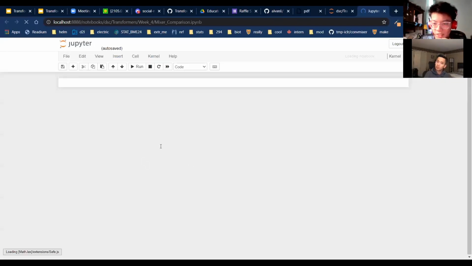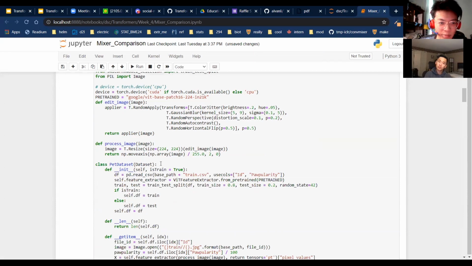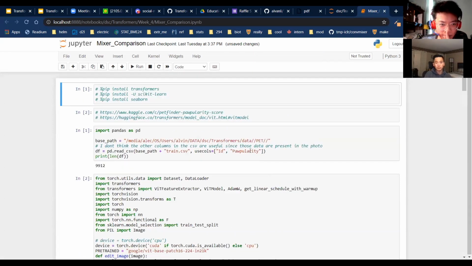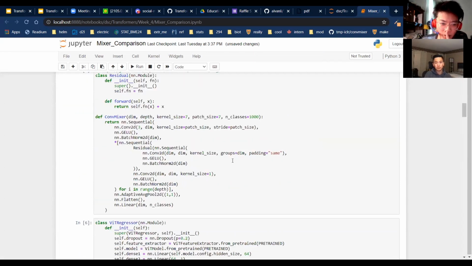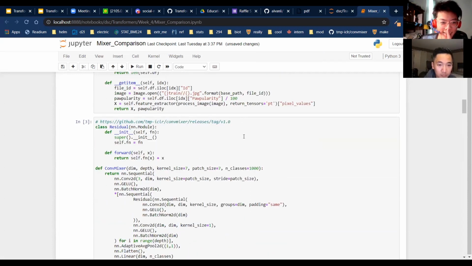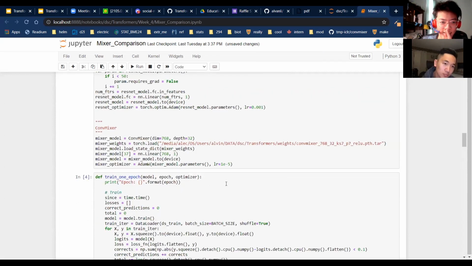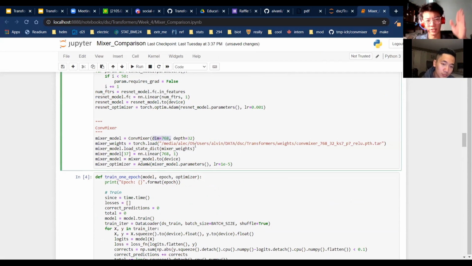Next week would be covering Mixer. The notebook will not cover that this week, but I did make a note of the, where is it though? Dimension is the first number, depth is the second number.